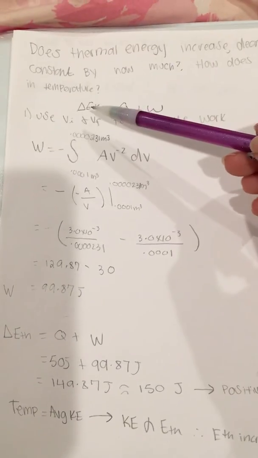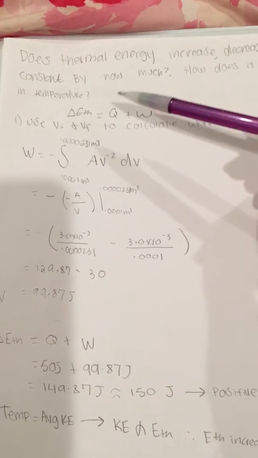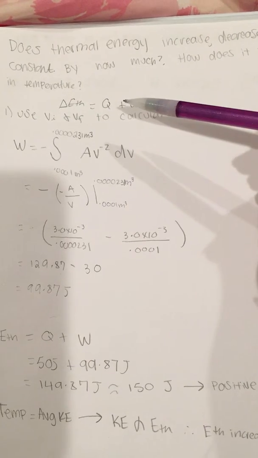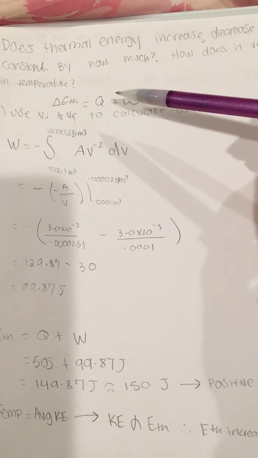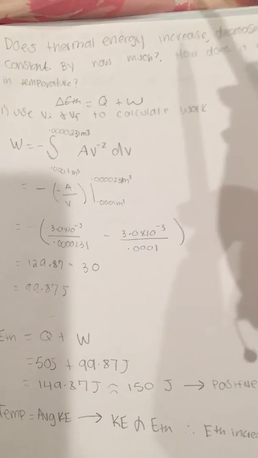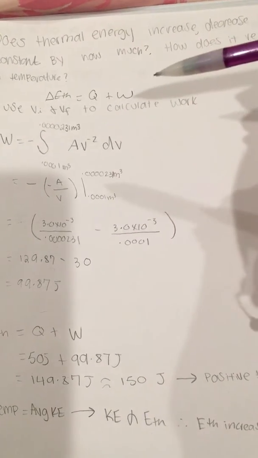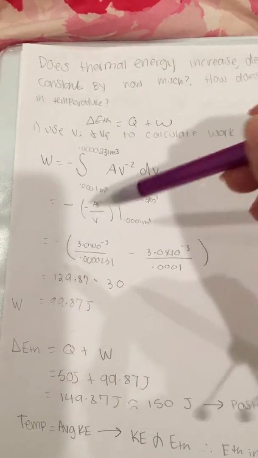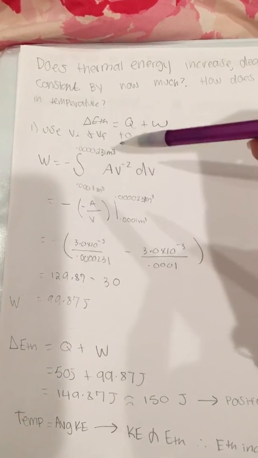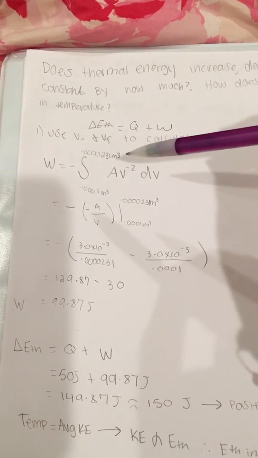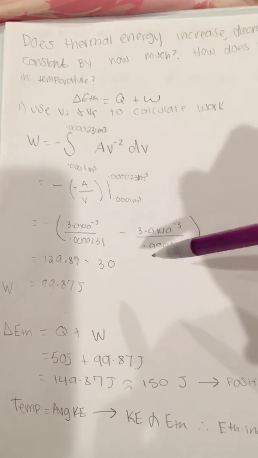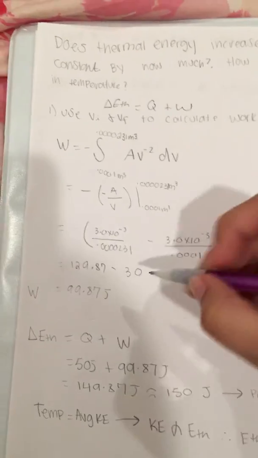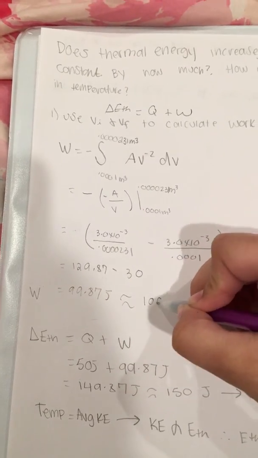So we know that the delta E thermal is equal to Q plus W. So the change in our thermal energy is equal to Q, which was the 50 joules, plus W. And before we had the W in terms of V final, but now that we just solved for that, we can go ahead and put our bounds on our integral and solve for what the work actually is. And once we do the integral with our new bounds, we get that it's 99.87 joules, which is approximately 100 joules.